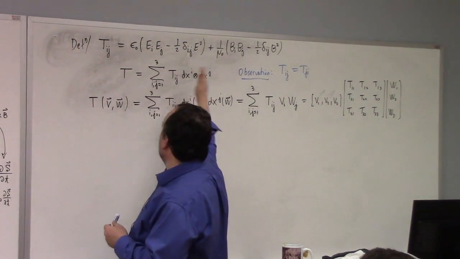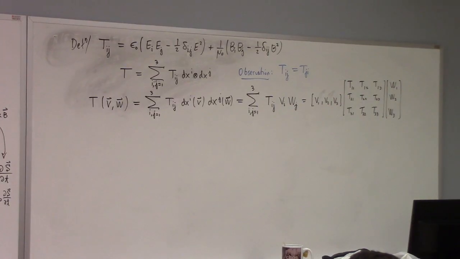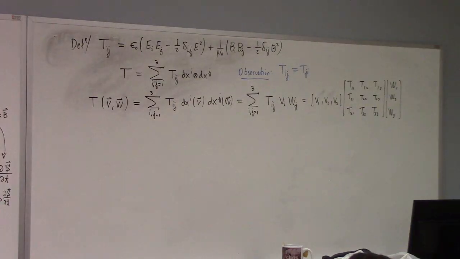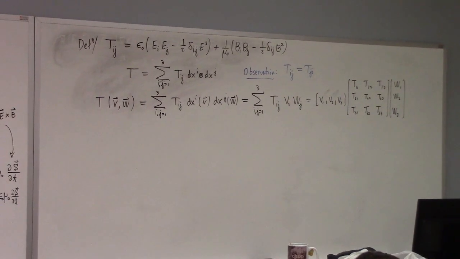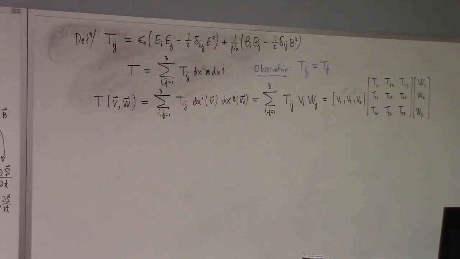Look at the formula that defines it. i and j appear symmetrically. So that matrix that I just wrote down is in fact a symmetric matrix. So we can write this kind of symmetric matrix in terms of a row matrix column product, if you like.